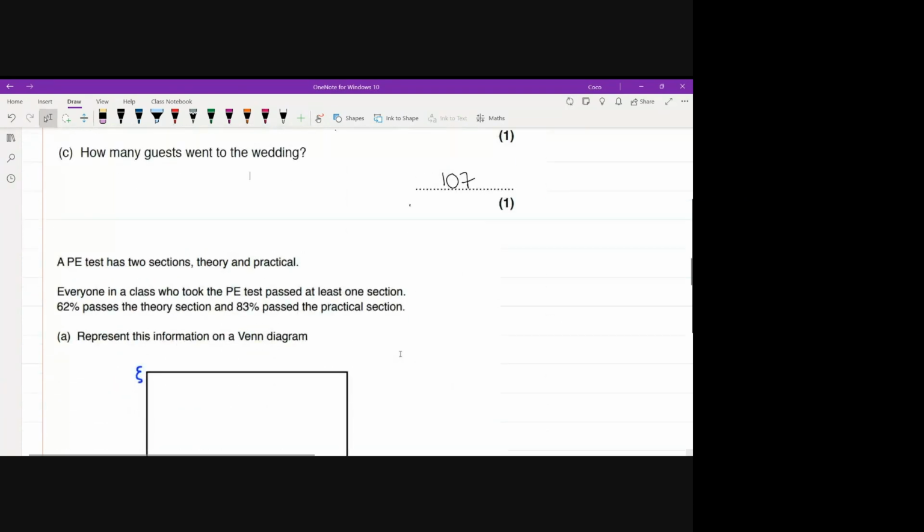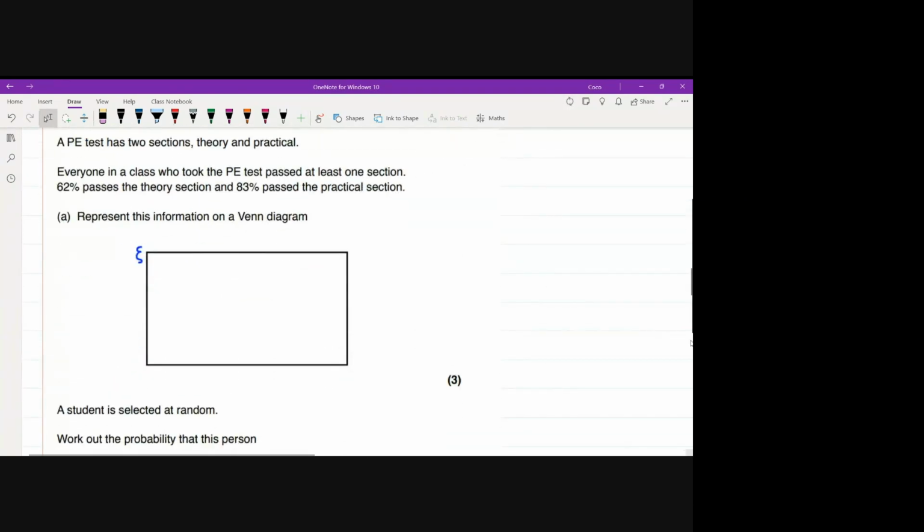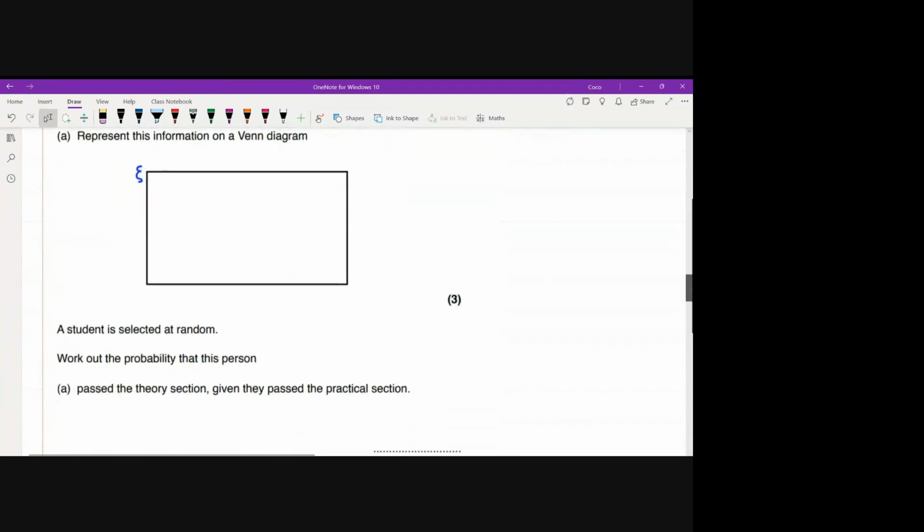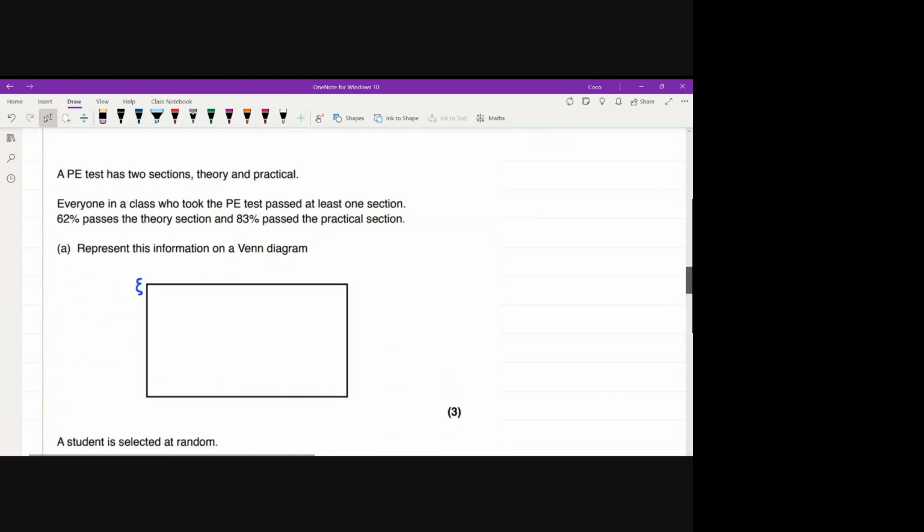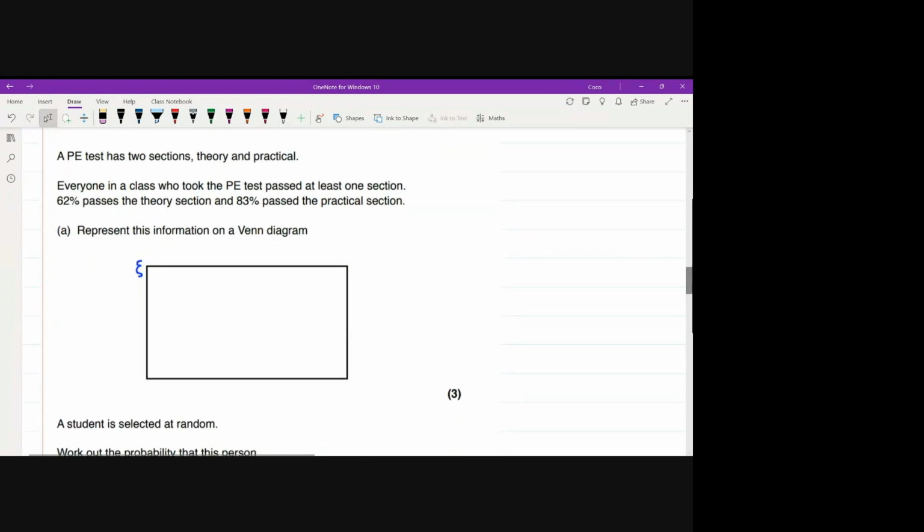All right. Okay, let's look at this next one over here. Okay, so this one is a little bit more tricky, so we need to have our wits about us. Okay, let's think about this. Oh, sorry, I'm reading from the wrong part. Okay, I need to start from the very beginning. A PE test has 2 sections, theory and practical.